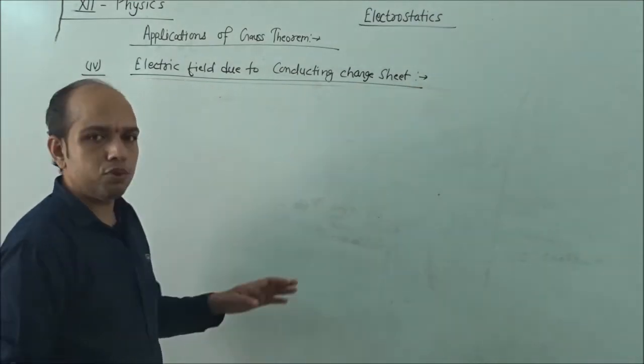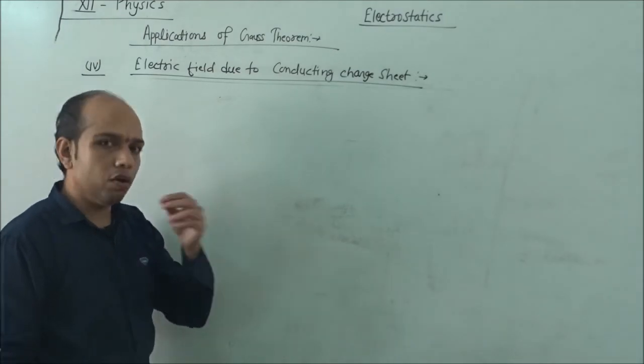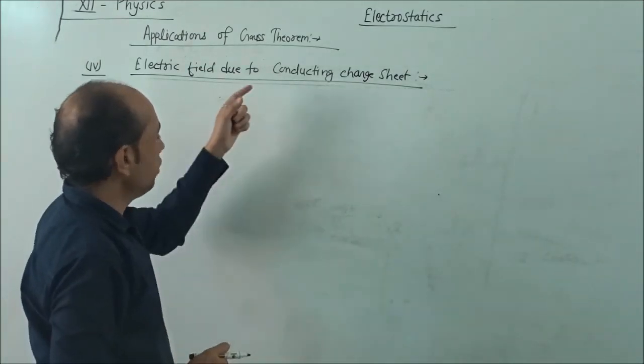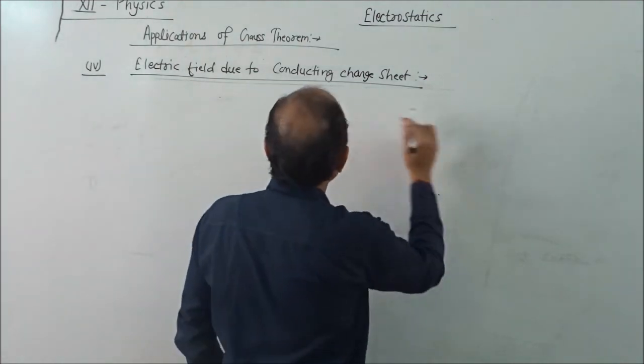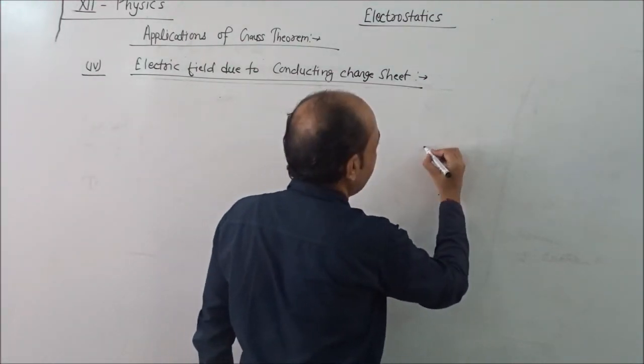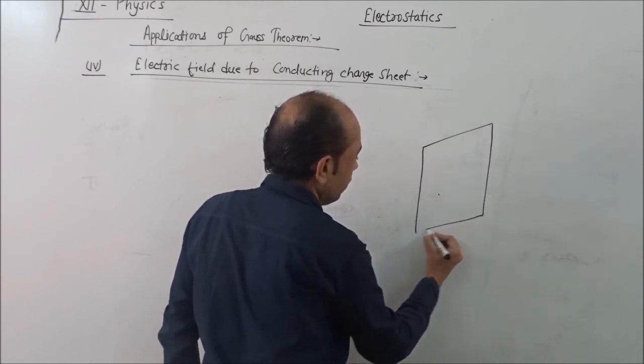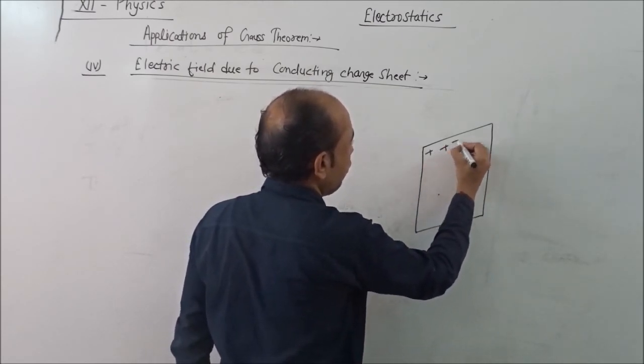So there are two types of sheet again, conducting and non-conducting, like conducting charge sphere and non-conducting charge sphere. So I am drawing here a conducting charge sheet; this represents the conducting charge sheet.